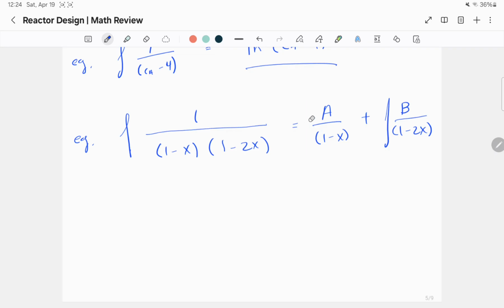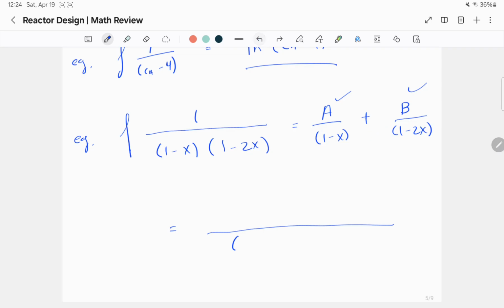So in order to do that, we first need to find the unknowns A and B. To do that, we need to make this function look like the original function on the left side. So to start, we need to find the common denominator to look the same as the original function to the left. We'll do that using cross multiplication.